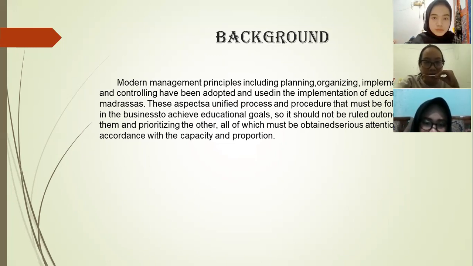These aspects unify the processes and procedures that must be followed in the effort to achieve education goals. So none of them should be prioritized over the others; all of them must receive attention in accordance with capacity and proportion.